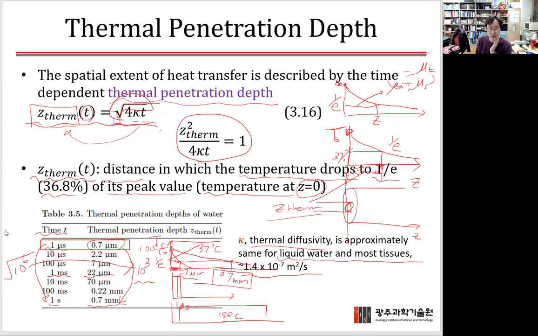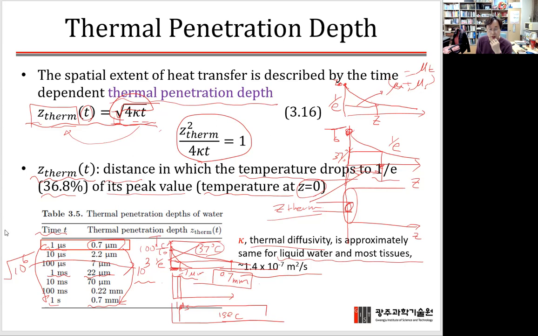But for the 1 second case, it will be 0.7 millimeter. So that means there will be about 1,000 times deeper tissue affected by the temperature increase due to the laser. So 37 is simply our body temperature, so it is safe.